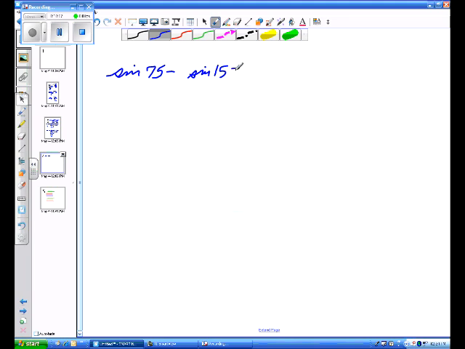So this is equal to 2 times the cosine. Now, it was A plus B over 2, our angles divided by 2. Then the sine of A minus B over 2, so 75 minus 15 over 2.